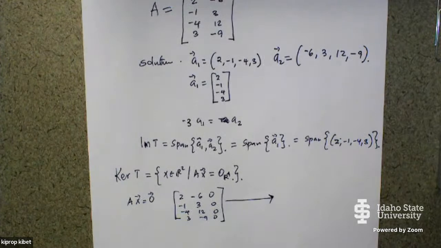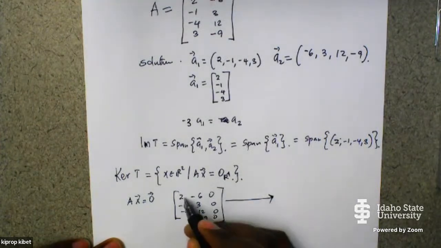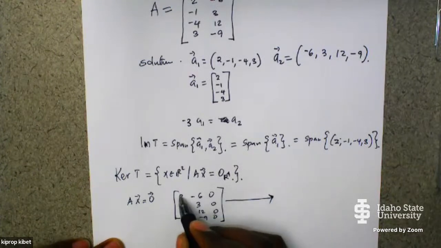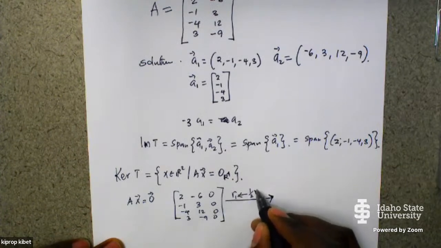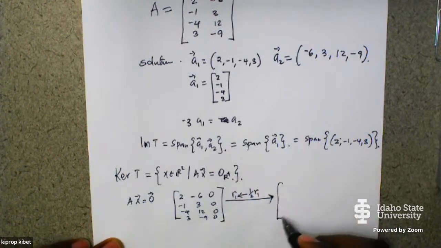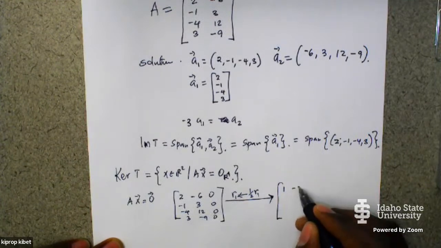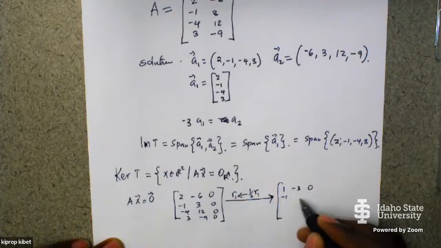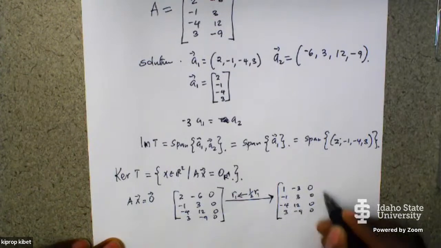So we need to make the entries below the first row 0, and the rest. First of all, you need to transform this one to 1. So you can say R1 becomes 1/2 R1, which gives us 1, -3, 0, then -1, 3, 0, -4, 12, 0, and 3, -9, 0.